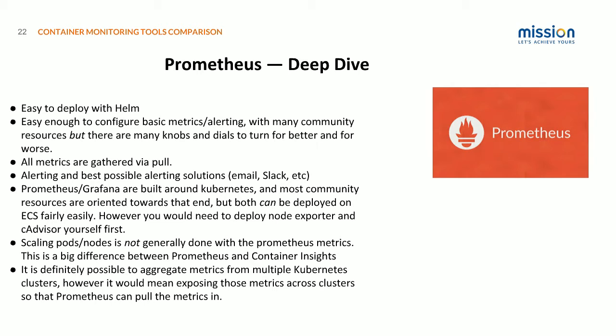Prometheus and Grafana are built around Kubernetes, and most of the community resources and the open source integrations are built with the idea that you're deploying everything on Kubernetes. But definitely we want to touch on ECS because we're specifically talking about AWS. Definitely these things could be deployed and used in ECS.